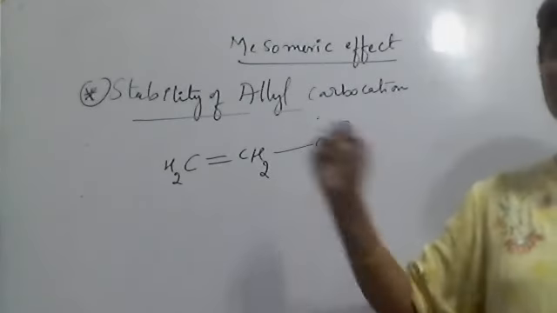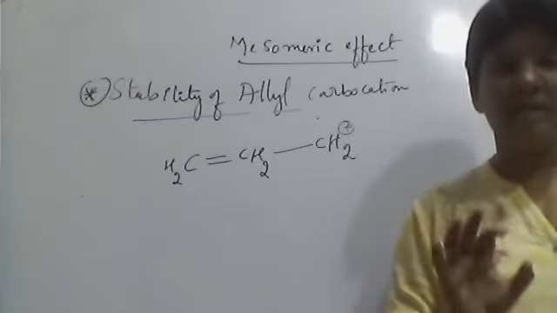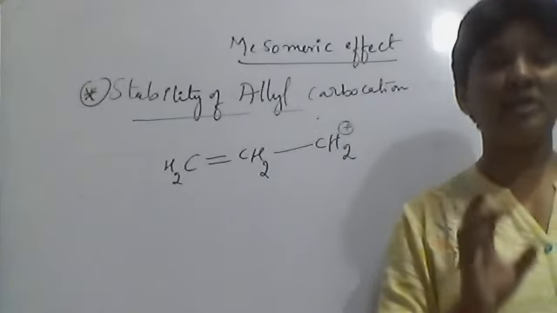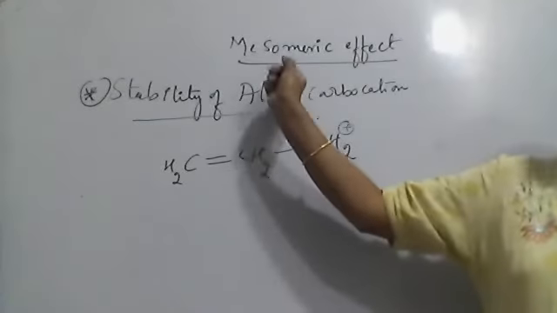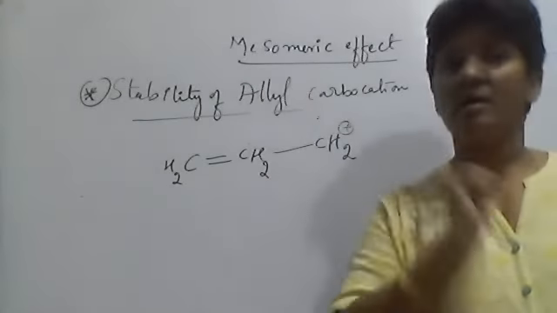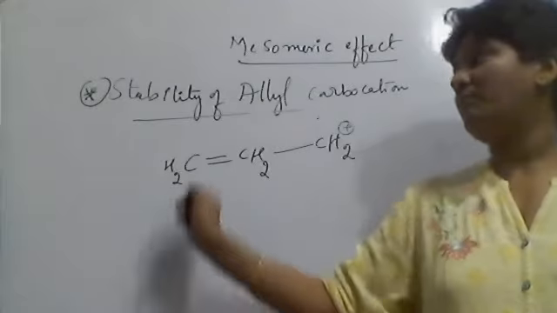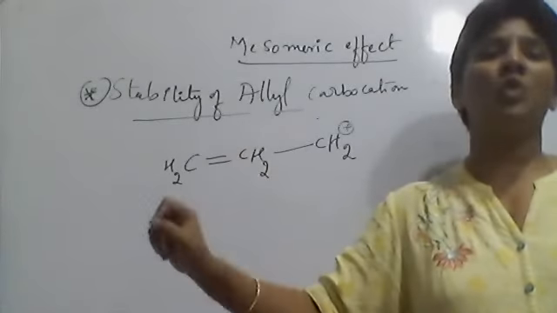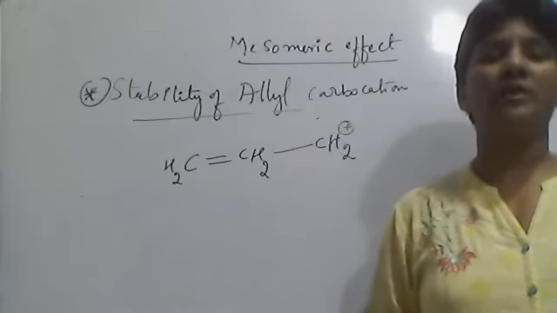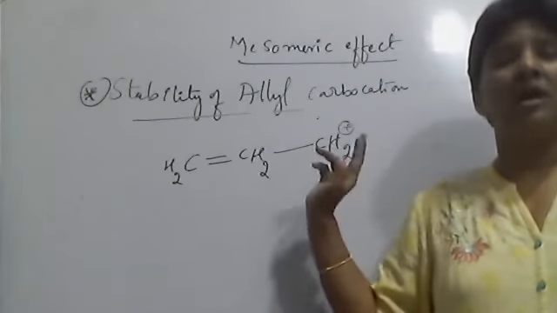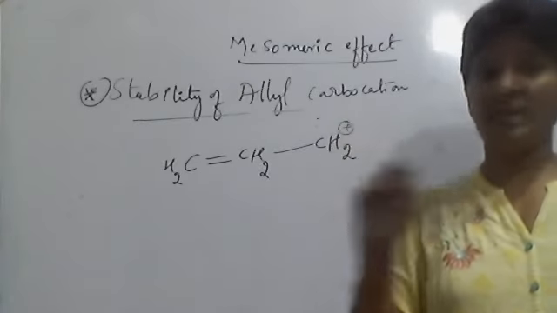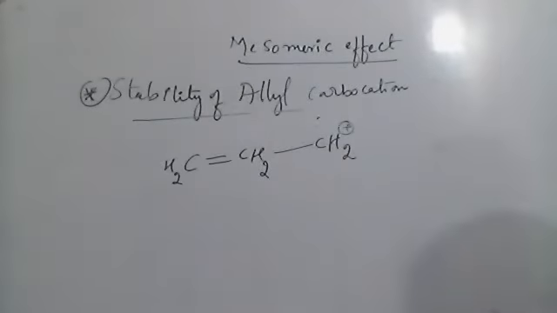So any molecule having a conjugated system is stabilized by mesomeric effect or resonance effect, where the pi bond shifts completely towards the sigma bond where the positive charge, other pi bond or lone pair is present. That is mesomeric effect.